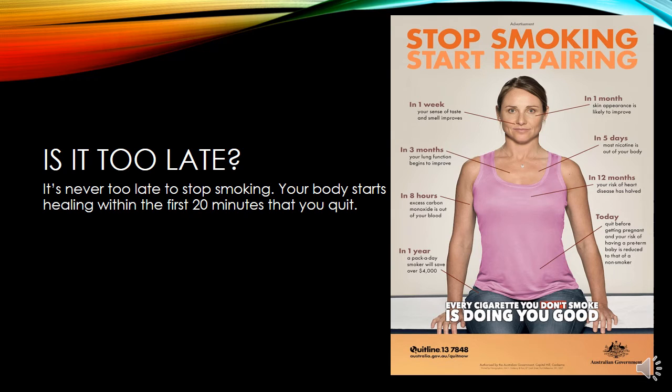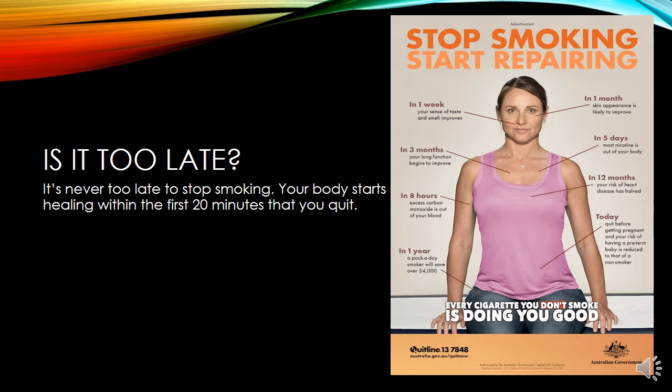After 2 days, there is a heightened sense of smell and more vivid taste as the nerves heal. At 1 month, lung function begins to improve. As the lungs heal and lung capacity improves, there is less coughing and shortness of breath. Endurance increases.